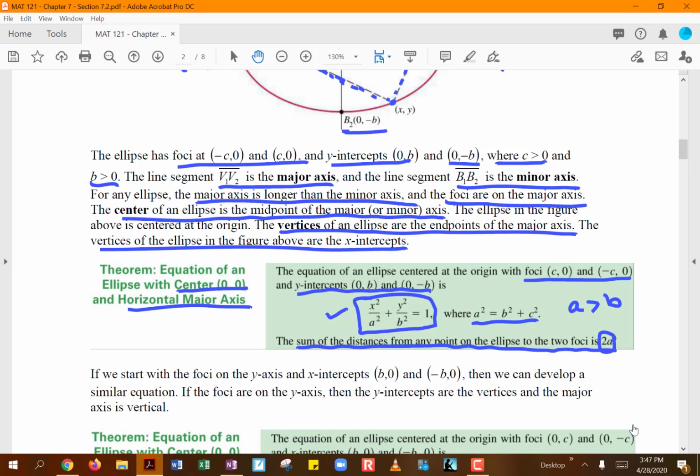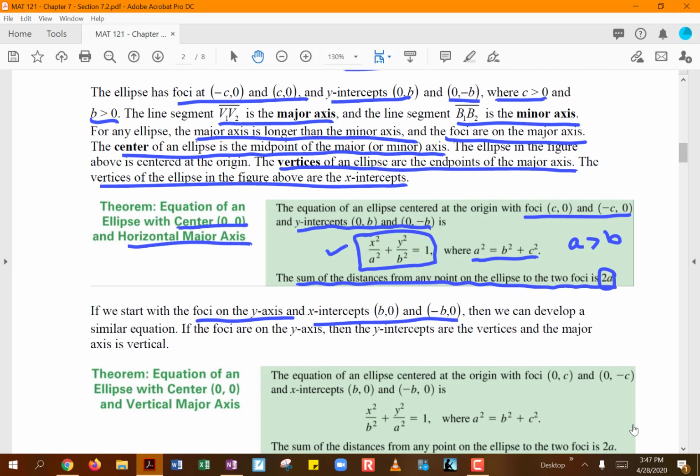Now instead, let's say that our foci are on the y-axis and we have x-intercepts at (b, 0) and (-b, 0). You can actually come up with an equation for that also. So basically, your foci are on the y-axis. The y-intercepts are now going to be your vertices because your major axis is going to be a vertical line.